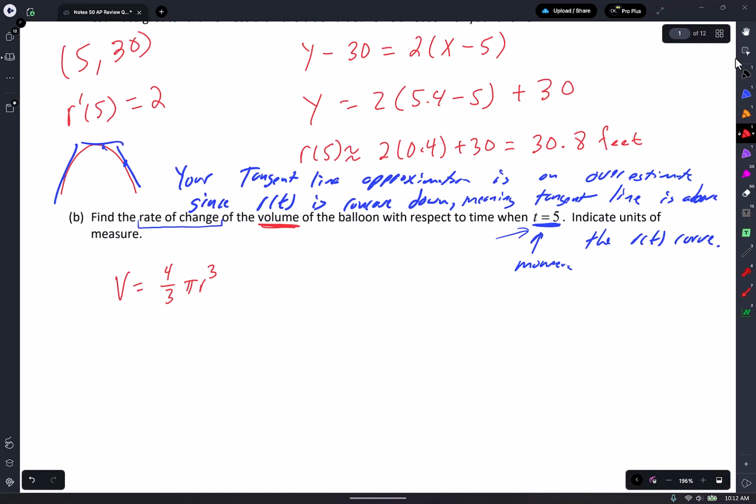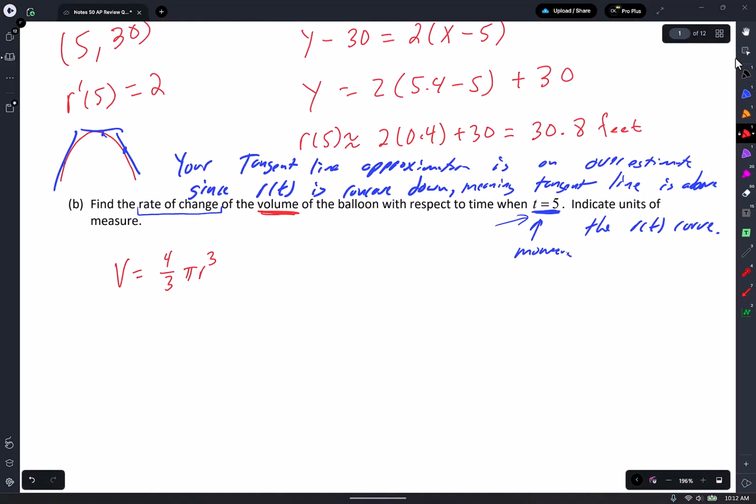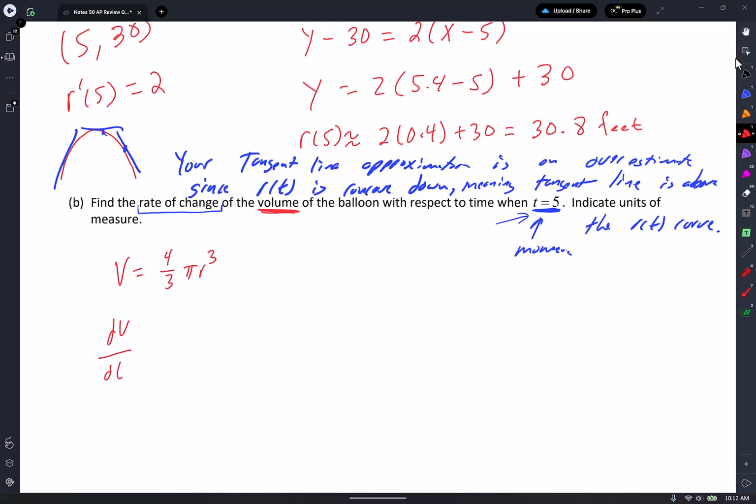All right, here we go. I'm taking the derivative with respect to t. dV/dt equals, the 4/3 pi is a constant, so I take that 3 and multiply by 4/3, which gives you 4 pi r squared. And I didn't take it with respect to r, I took it with respect to t, so times dr/dt.